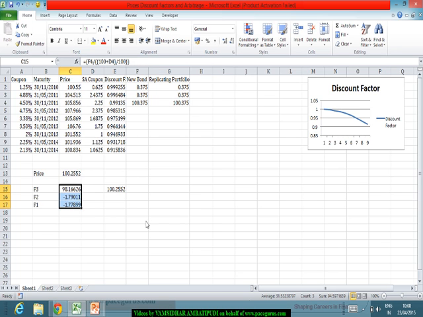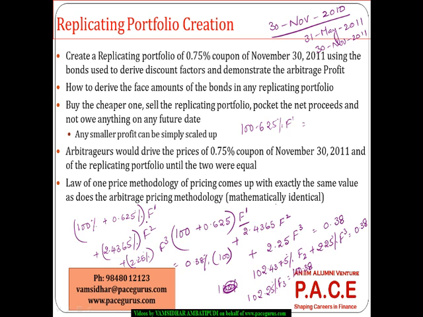So in the future, I have no other obligations coming up, which means I am making a profit which is assured of 6.52 cents. So that is the way we'll create a replicating portfolio, and I'll try to take advantage using the replicating. So I'm buying the cheaper one, selling the replicating portfolio which is having a price of 100.252.